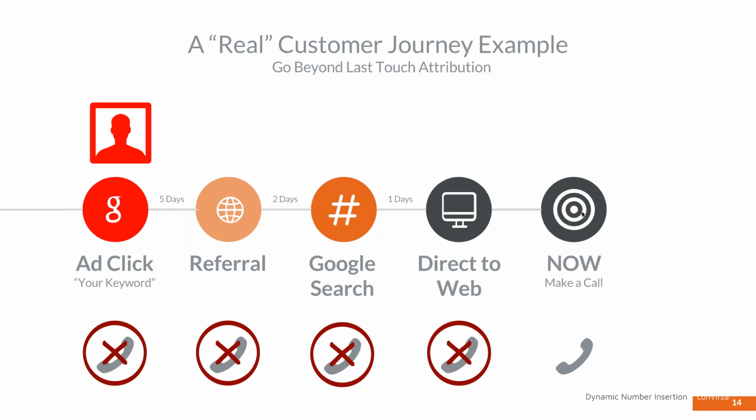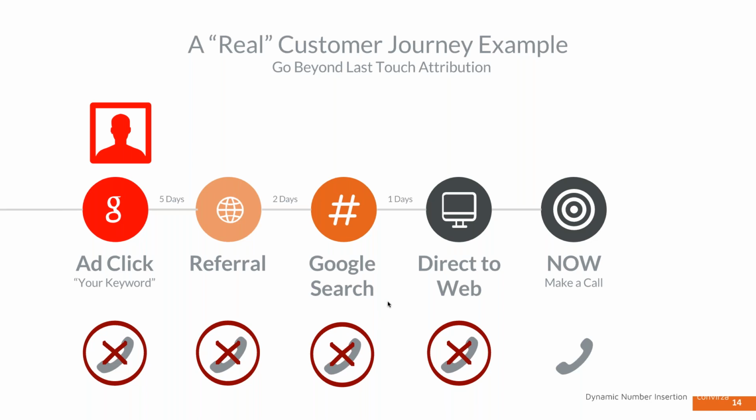If they came direct and now they call, we just assume that that's what gets the credit, and we don't give credit to all our other ad spend, because if we just did the last touch here, we would assume that they just came direct to the web, and that's what we're giving credit to as far as the inbound call.